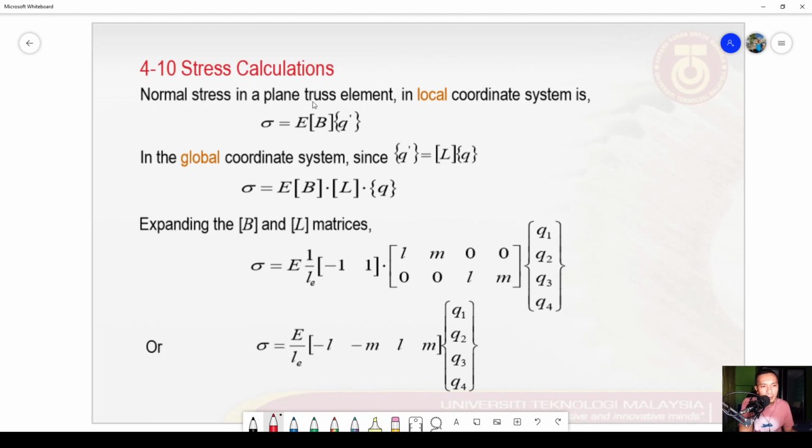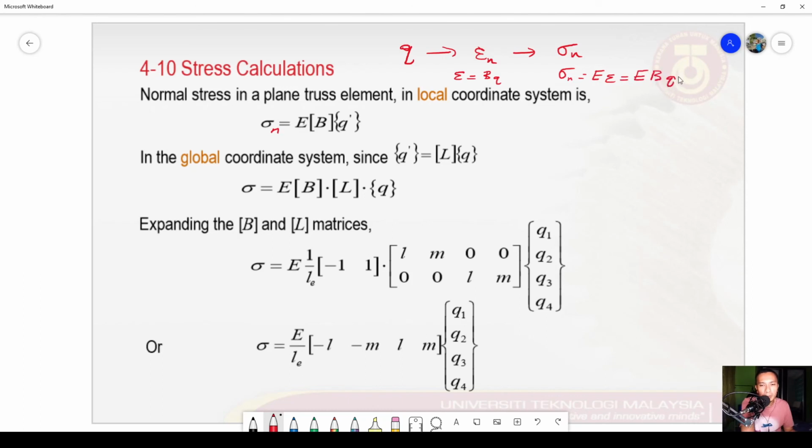So the normal stress in the plane truss is first viewed in the local coordinate system, which is given by sigma, referring to the normal stress, equal to E multiplied by B multiplied by Q. If we remember from the previous lectures, from the calculated displacement we first obtain the normal strain, and from this normal strain we obtain the normal stress, which is equal to E times strain, equal to E B Q.